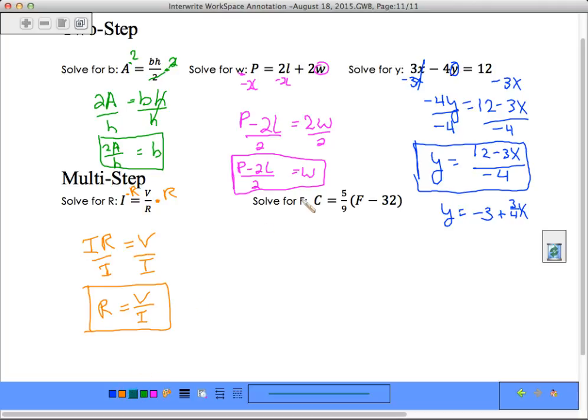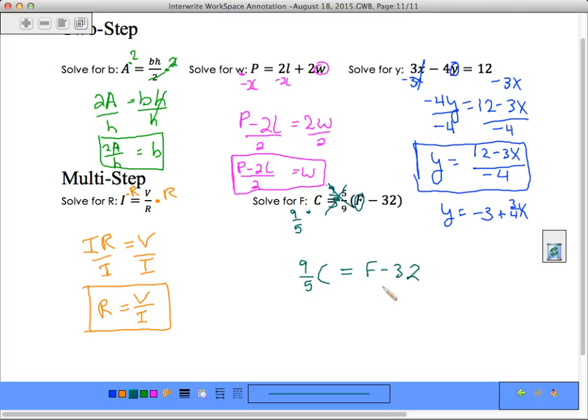Okay, in our last example, we want to solve for f. Here's f, but it's a little hard to get to. We have these parentheses, and we can distribute, or we can just get rid of the 5/9 to start with. So to get rid of the 5/9, we're going to multiply by 9/5. Whatever you do on one side, you have to do on the other. So that gives me 9/5 c equals, if this cancels out, then all I'm left with over here is f minus 32.